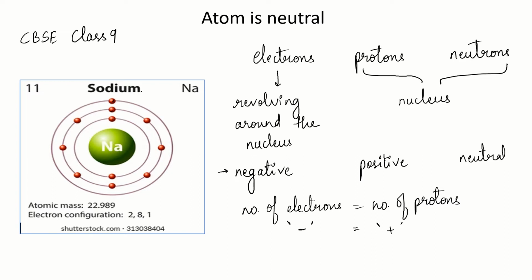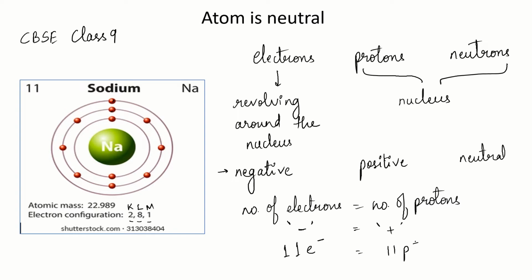So it's an atom of sodium. The electronic configuration of sodium is 2, 8, 1, which means the K shell has 2 electrons, the L shell has 8 electrons, and the M shell has 1 electron. Now there are a total of 11 electrons. The atomic number also is 11.